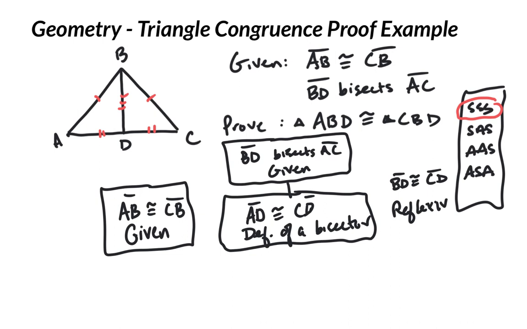Now, this adds a level to my flow chart because I was given this bisector thing, and I need to state that. Okay, BD bisects AC. Then in the next level, I have to tell what I know from that given.